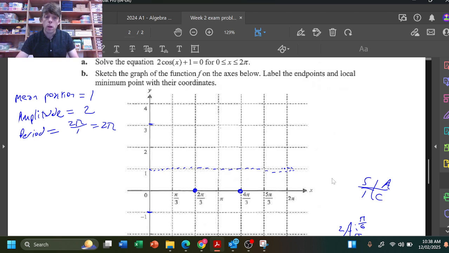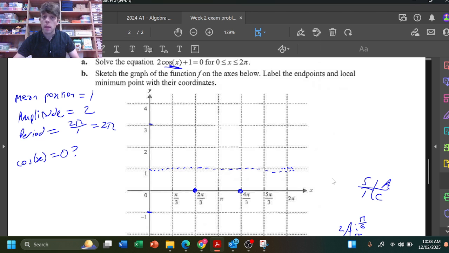Another very useful question to ask is when will this curve pass through that equilibrium point? So that is going to occur when cosine is equal to 0. So let's consider, when is cosine of x equal to 0?